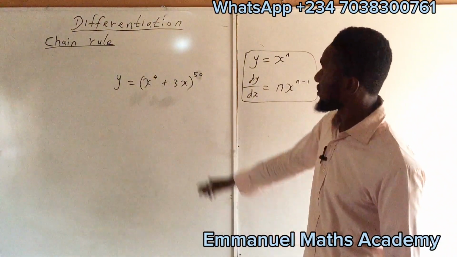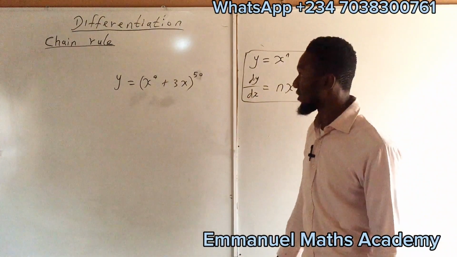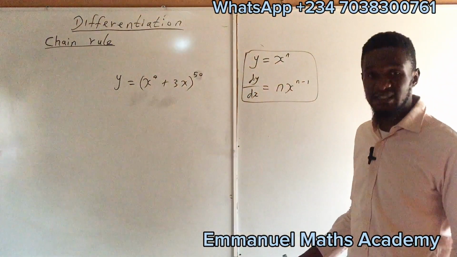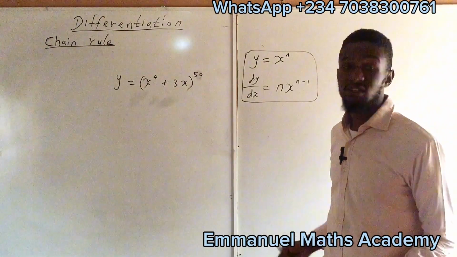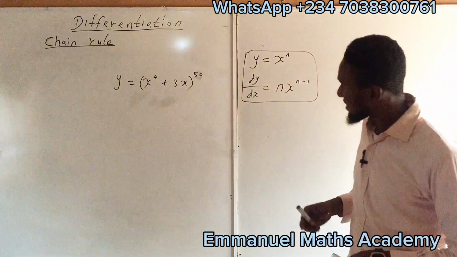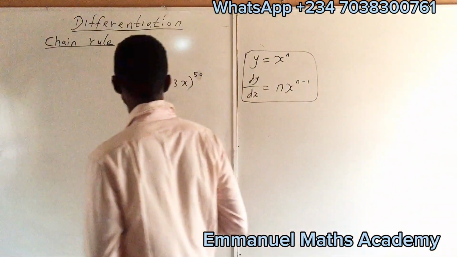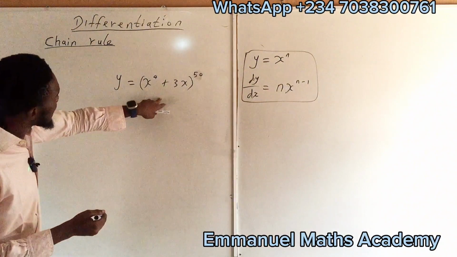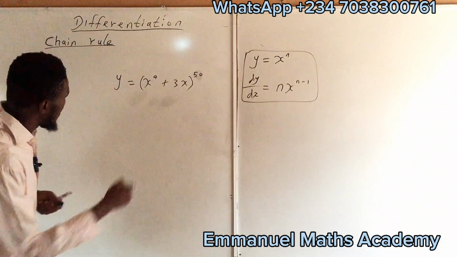And the method you use in solving this kind of problem is what we call the chain rule. So what we do in chain rule is that we express this using composition. Now, if you are given something like this, and you say let u equal to this, just introduce your u.